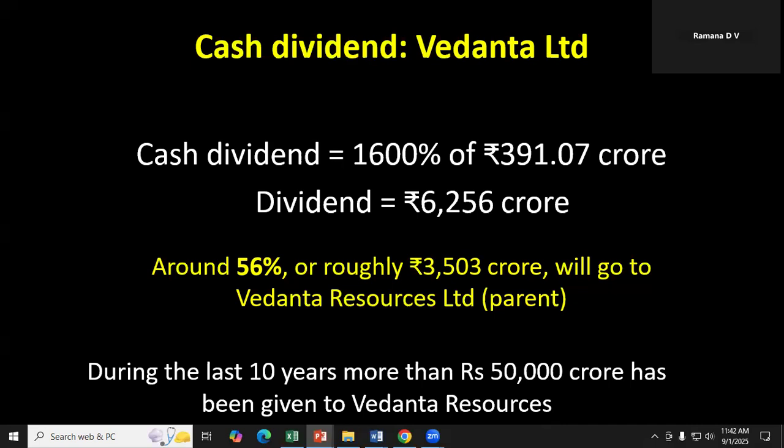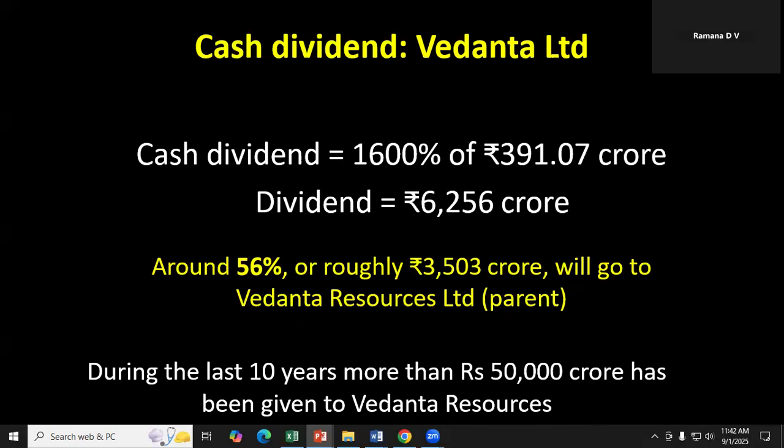So cash outflow in 1 year, 3,500. In fact, if you observe the last 10 years' balance sheets and cash flows, more than 50,000 crore has been distributed as a cash dividend by Vedanta Limited to Vedanta Resources.